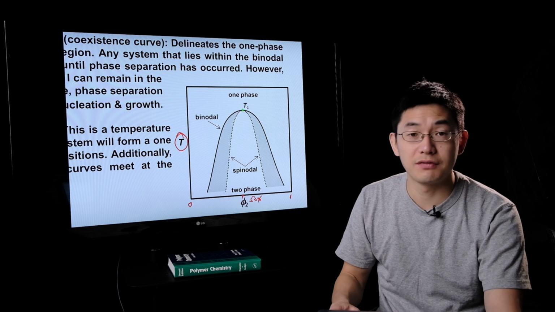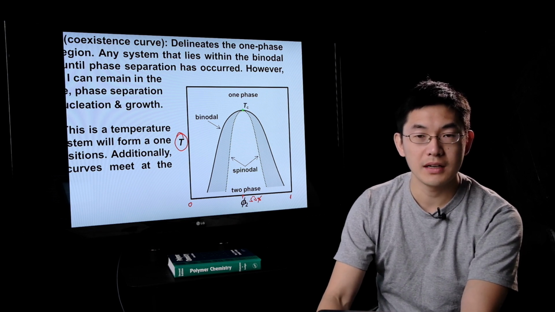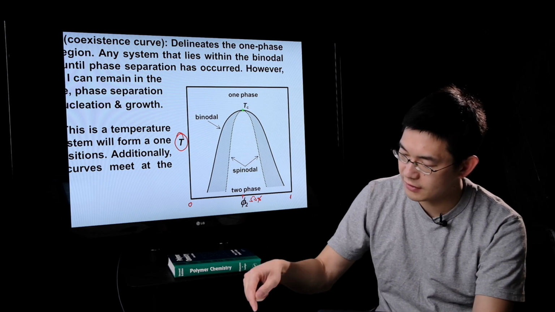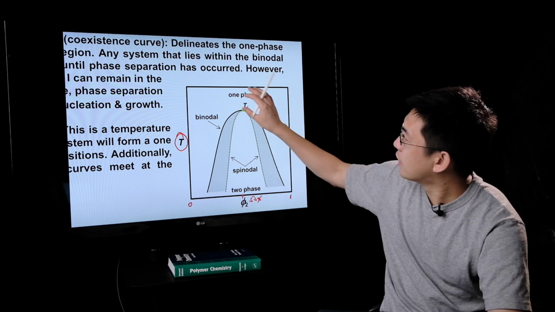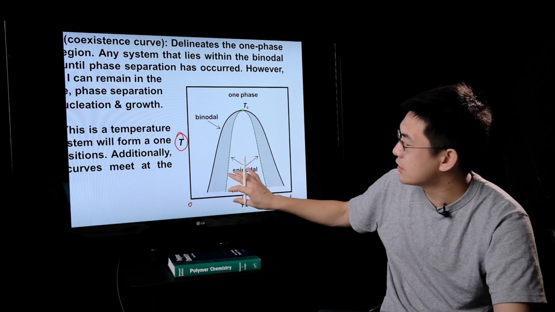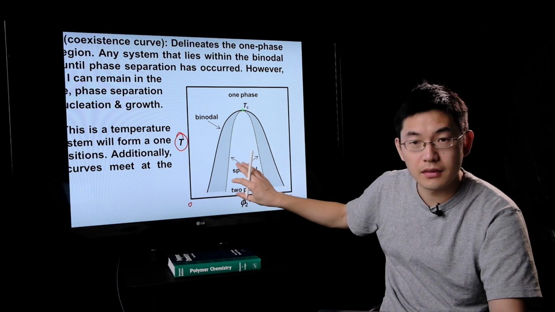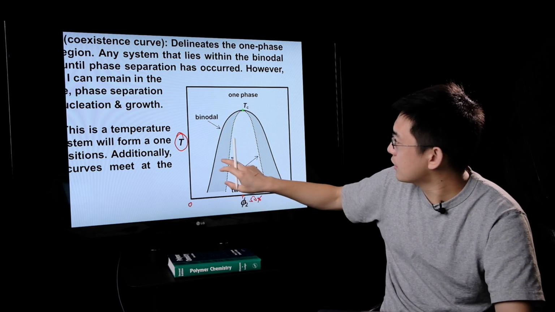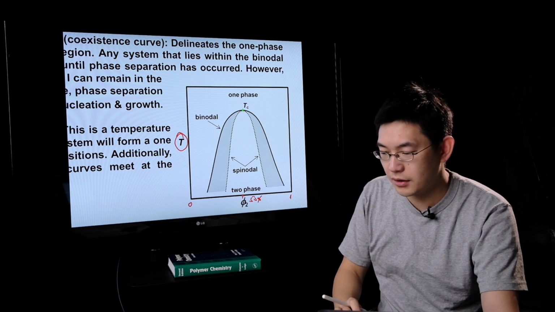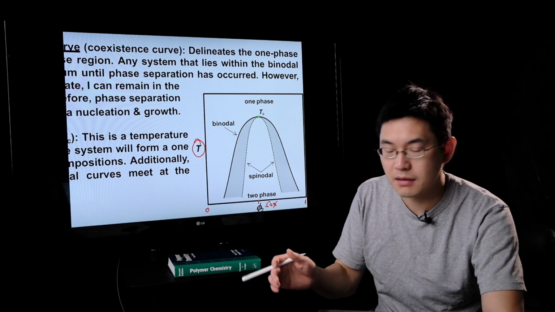And how do we read the phase diagram? We have two ways to read it. First is to understand what the different phases are here. And as we mentioned, there's one phase in the top corner. There are two phases in the shaded region, and particularly two phases within this dashed line. Okay, in the binodal, in the gray area, this is particularly the metastable state, where you can stay at the binodal state.